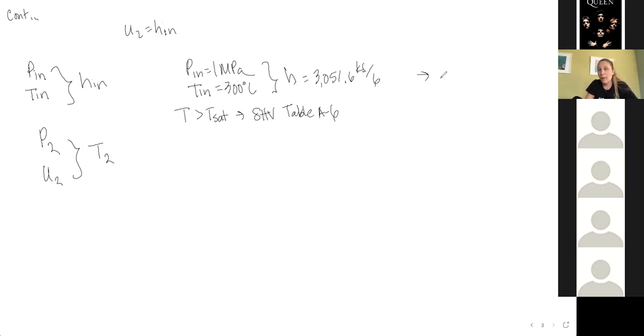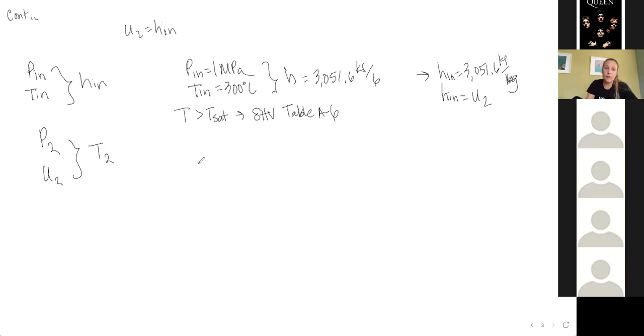And I know that my HN value is equal to 3051.6 kilojoules per kilogram. And my HN value equals my U2, which means my U2 value is equal to 3051.6 kilojoules per kilogram. Sorry, I don't think I wrote kilogram here. Kilogram.